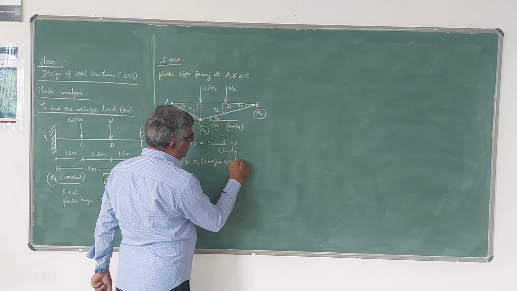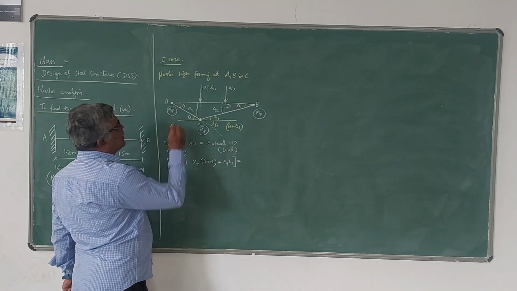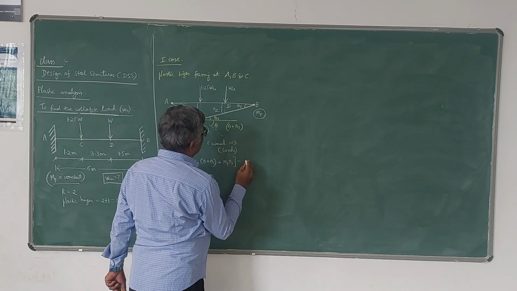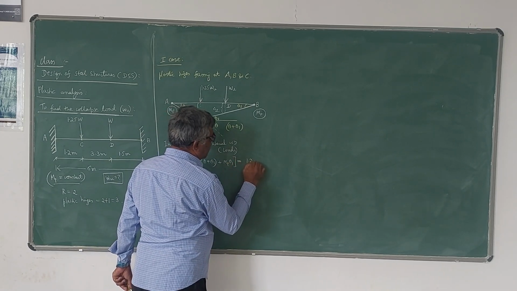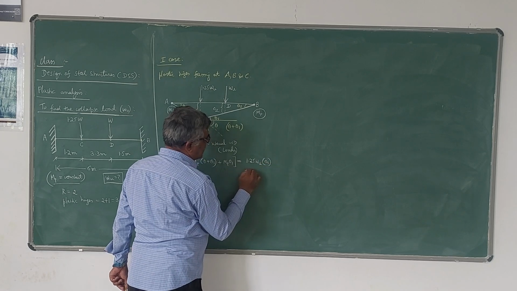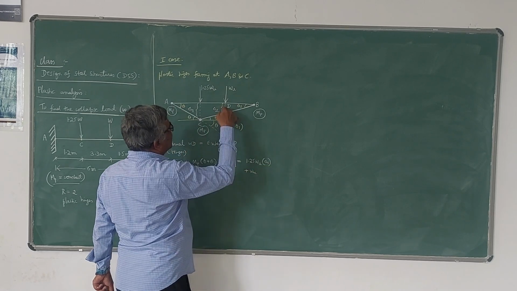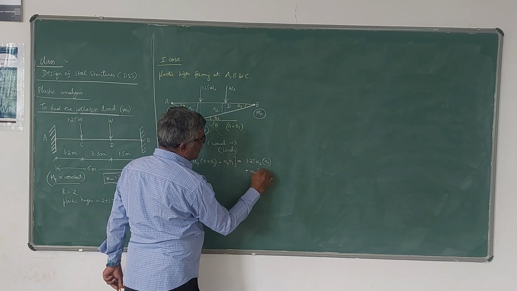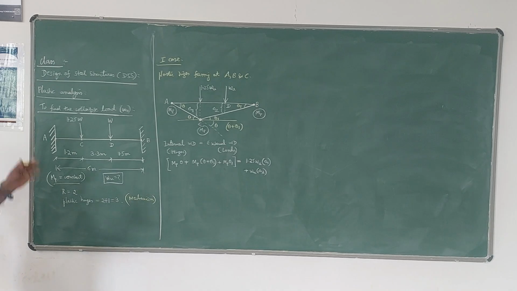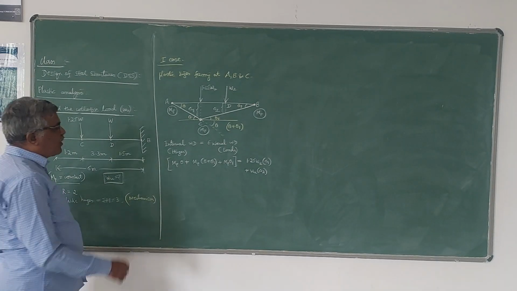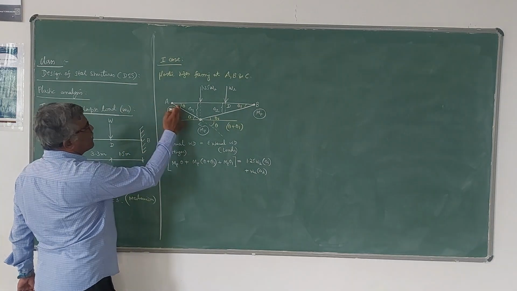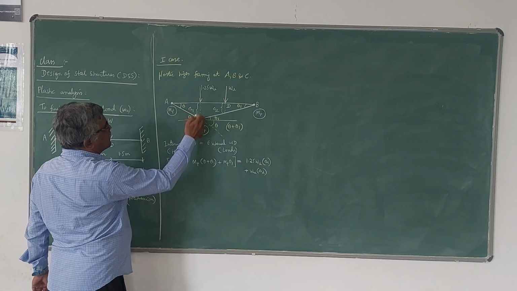This should be equal to the external work done, which is the load multiplied by the corresponding displacement or deflection. So 1.25 times WU multiplied by delta 1 plus WU into delta 2. Now we have to get the relationship between delta and theta. For that, as usual, consider this triangle.